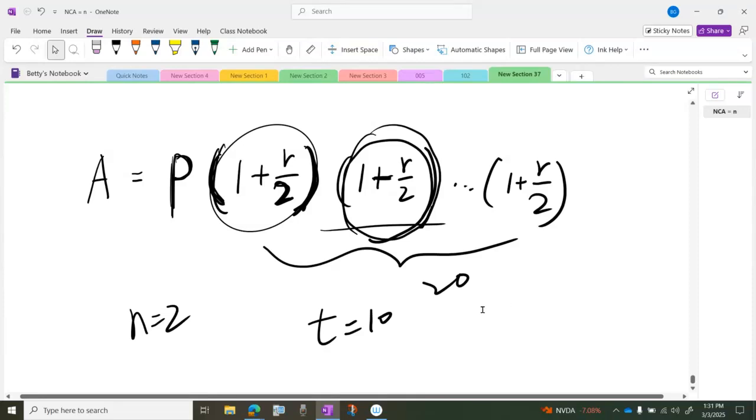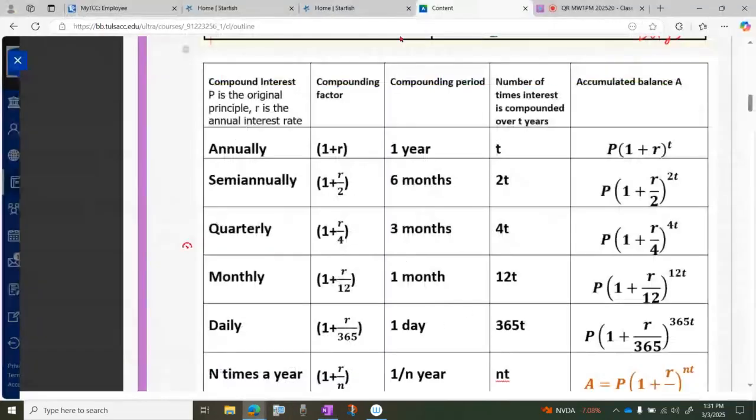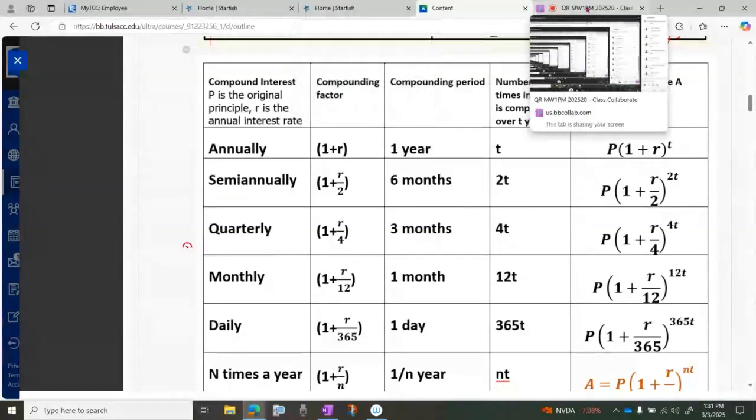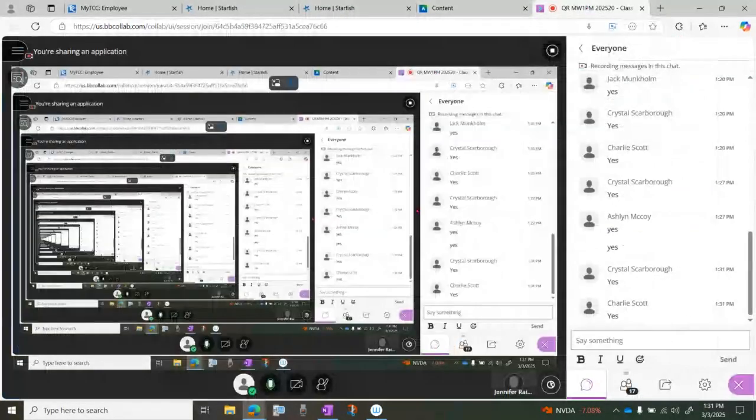Does that make sense, everybody? How does the compounding factor work? Every time your interest is compounded, you multiply the money you have right now in the account by the compounding factor once. That's how it works.